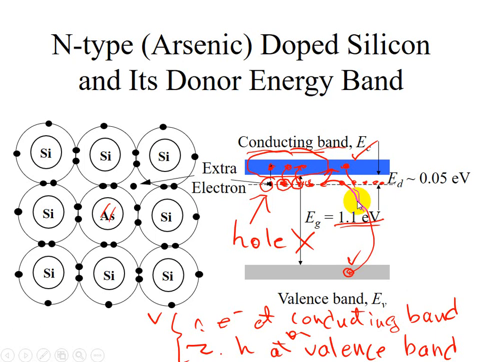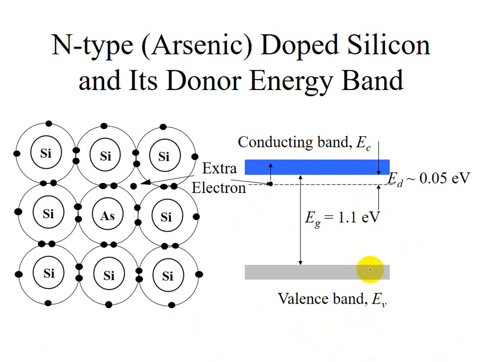From the solid-state physics point of view, the electron can always jump from a low energy level to a high energy level. It's just a matter of probability: how many chances you have to jump to the higher energy level. The larger the energy band gap, the lower the probability. Also, the lower the temperature, the lower the probability.